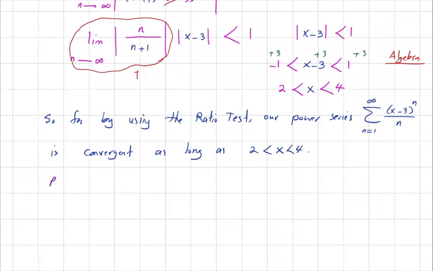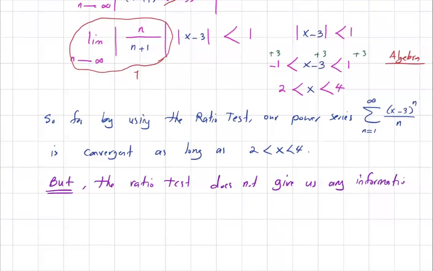But the ratio test doesn't give us any information about the bounds. What do I mean by bounds? It means when x is equal to 2 or when x is equal to 4.